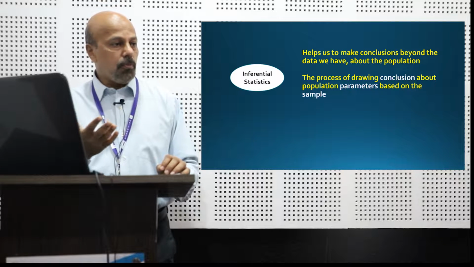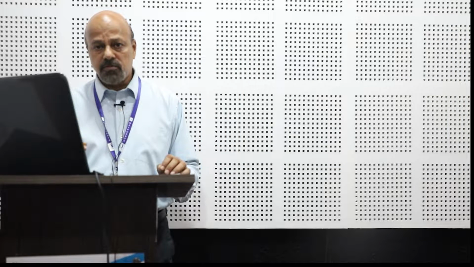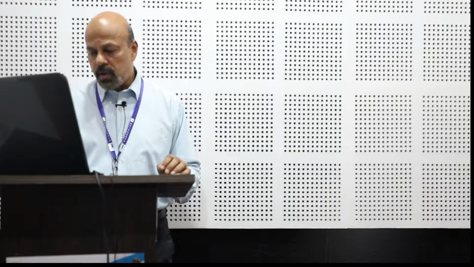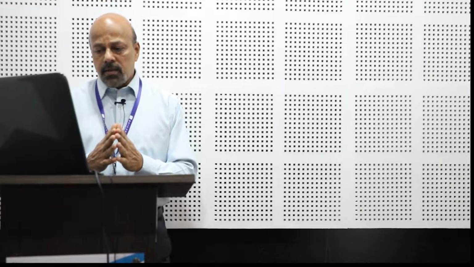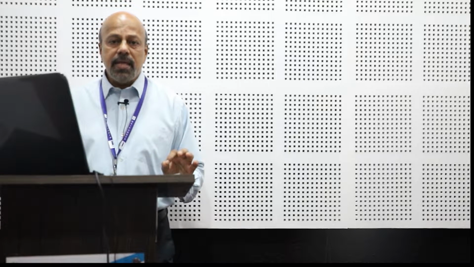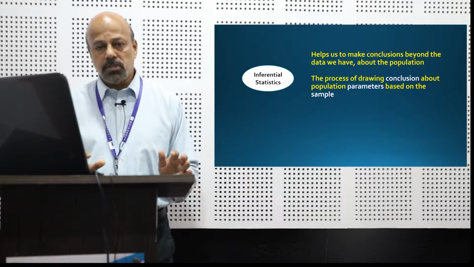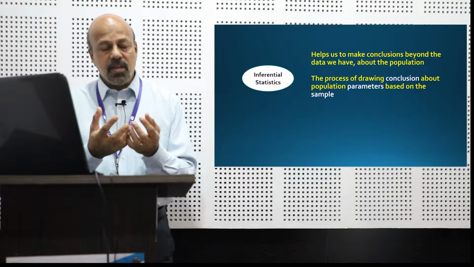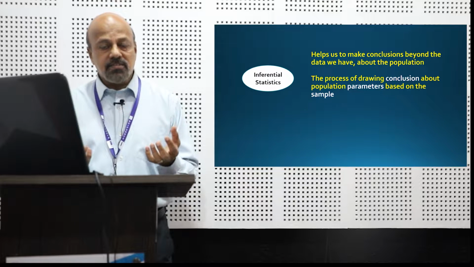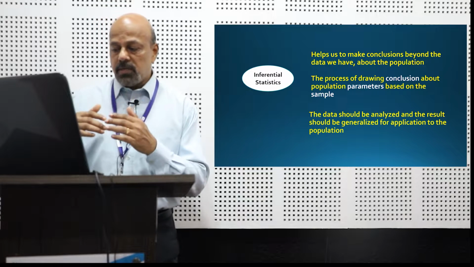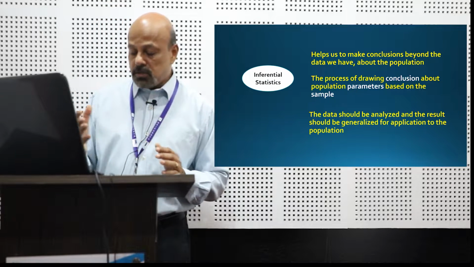I've been talking about population parameter quite a few times, and we will see what it is in a short while. In inferential statistics, the data should be analyzed and the result should be generalized for application to the population. So that means we take the sample data, we analyze it, and this result will be generalized for the application to the population.